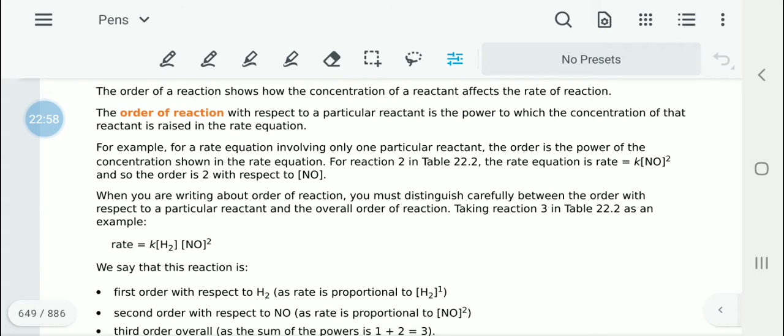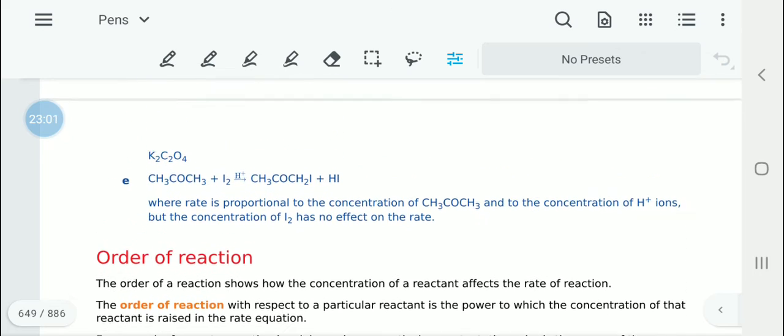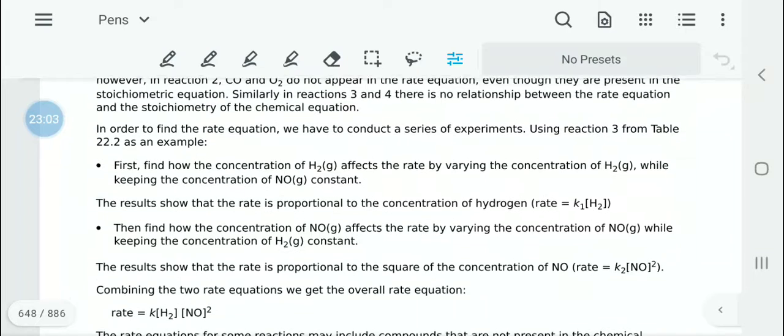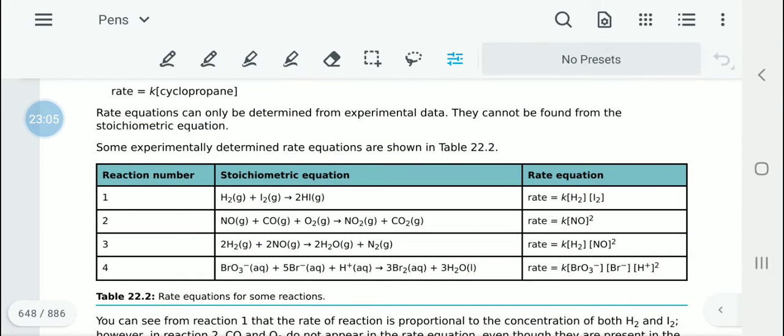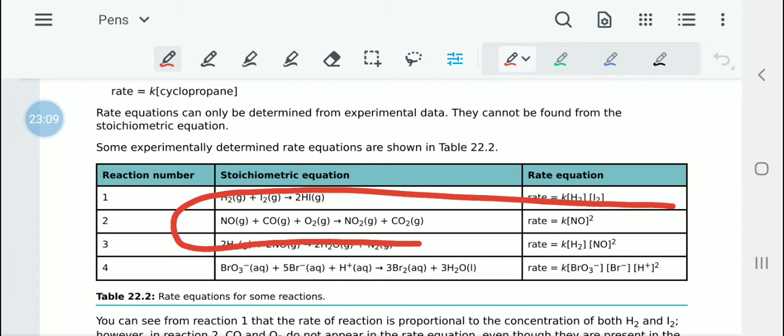For example, for the reaction, write this down please. Nitrogen monoxide gas plus carbon monoxide gas plus oxygen gas gives you NO2 gas plus carbon dioxide.